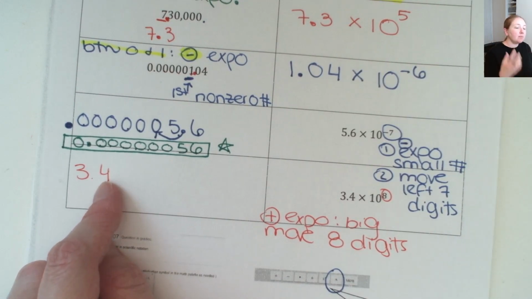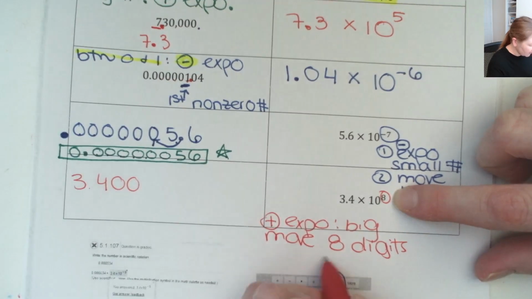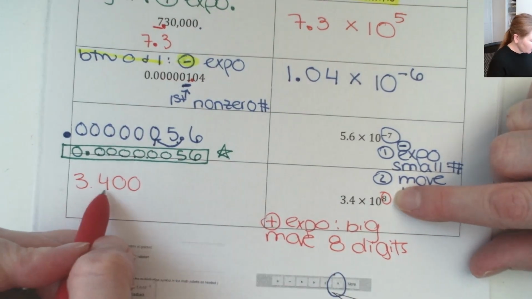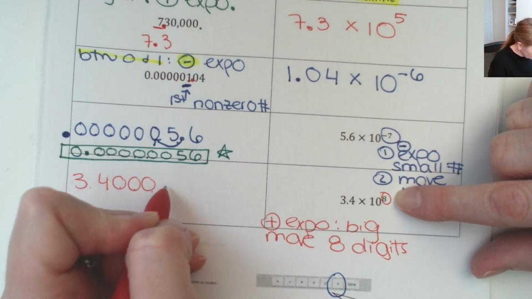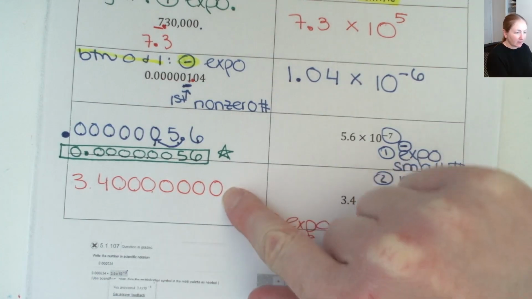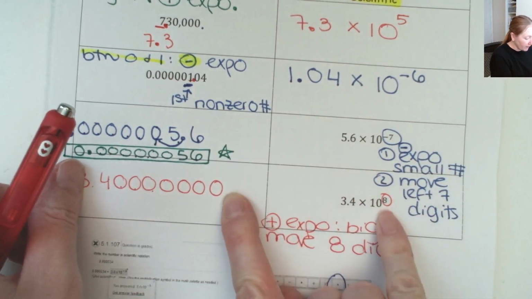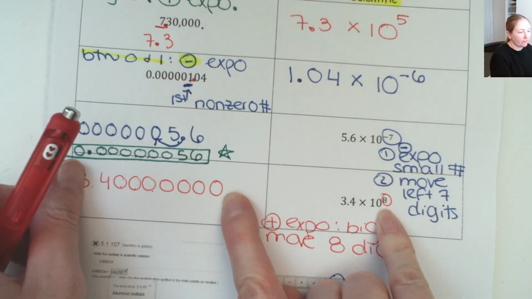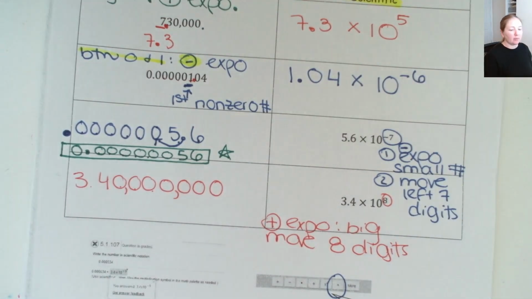And then to make it bigger, I need to add 7 more digits to get a total of 8. So it's going to be 3, 4, 0, 0. I'm going to go 1, 2, 3, 4, 5, 6, 7. So where the decimal stops and where the decimal starts, I will have a total of 8 digits there. Okay. Then you can put the little commas in to make it clear what number you're working with there.